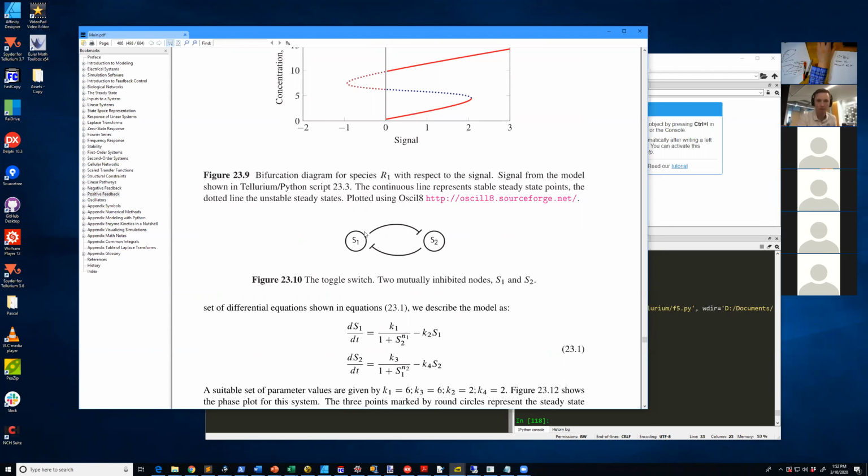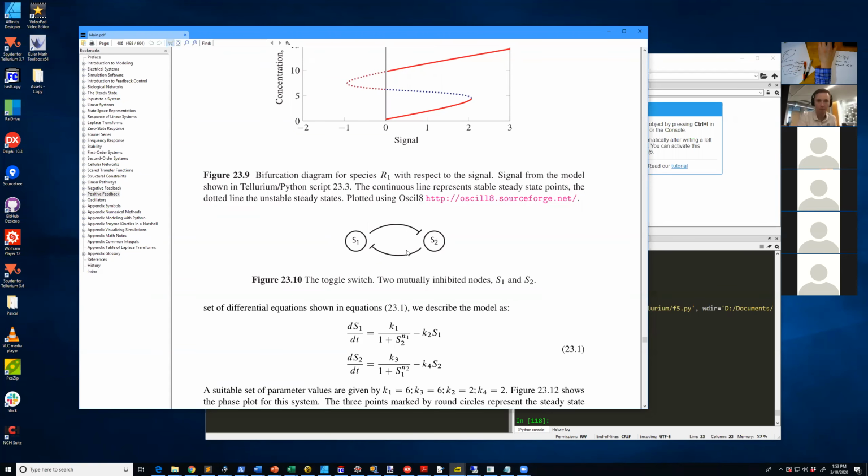Then I mentioned you can build all sorts of things like this, but this is a toggle switch. There's also a positive feedback here. It may not look it, but two negatives make a positive. So there's actually a positive feedback going round one cycle. Each of these is negative, but together they form a positive feedback. And this is a toggle switch.